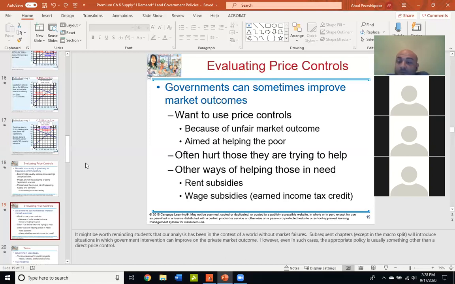It often, of course, is about politicians, and everyone loves politicians. Why? Because they often hurt those they are trying to help. There's a really good saying: the road to hell is paved with good intentions. A lot of people try to help, but they actually end up hurting people. Why? Because they don't know about elasticities.